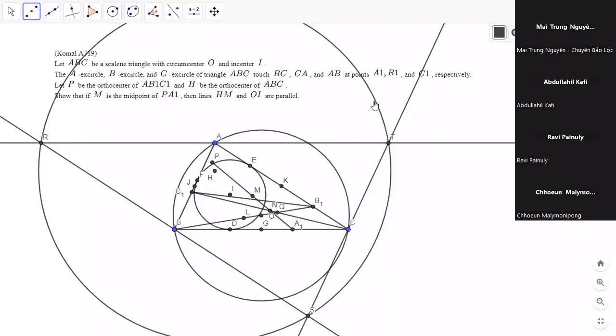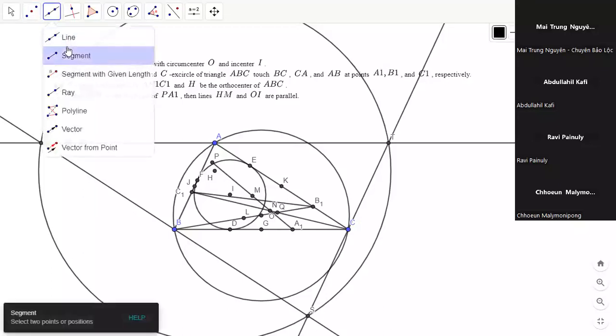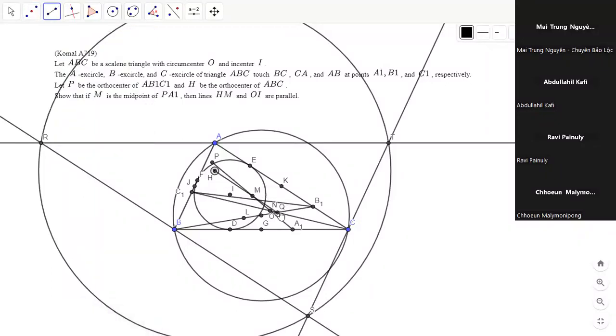So okay, the problem is equivalent to showing Q, M, and H are collinear. Yeah. So by homothety, since Q is the incenter.